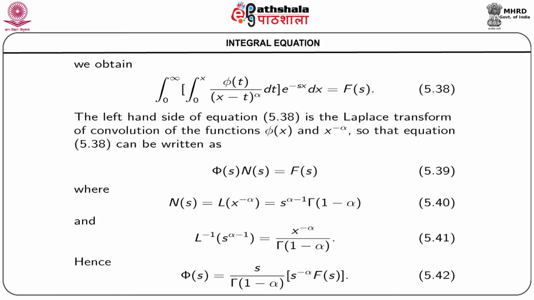The left hand side of equation 5.38 is the Laplace transform of the convolution of two functions phi t and 1 by x to the power alpha, so that it can be written as capital Phi s into capital N s equal to capital F s.